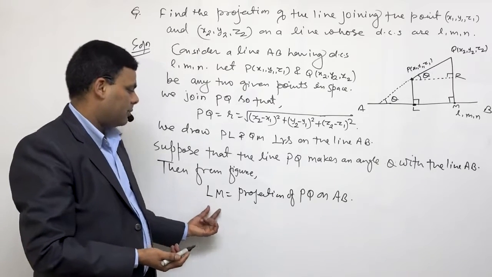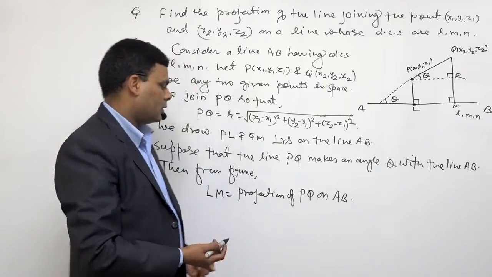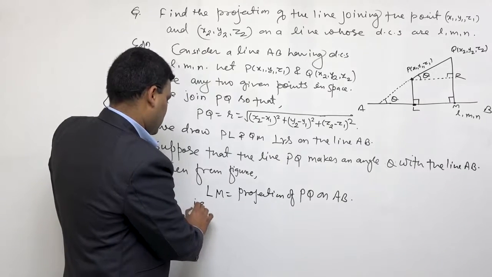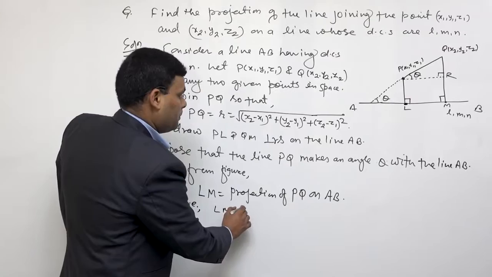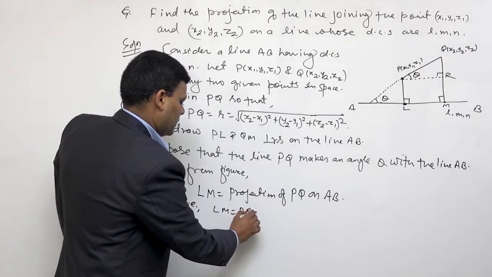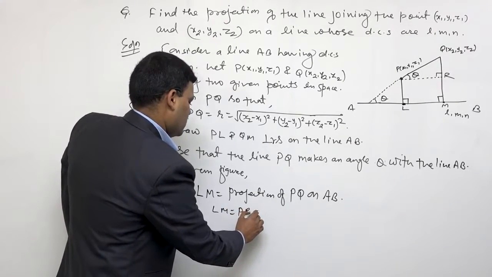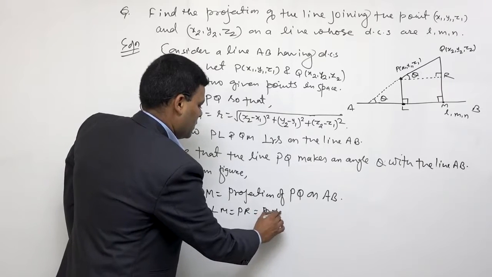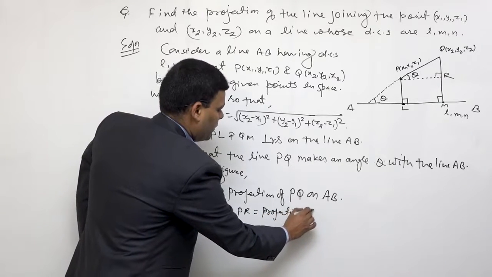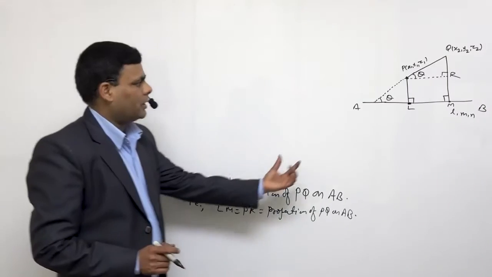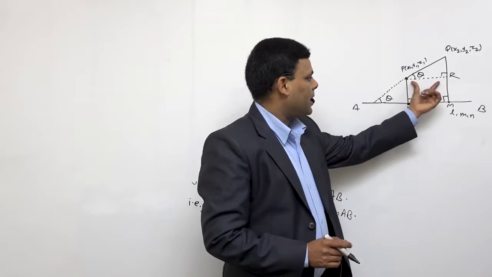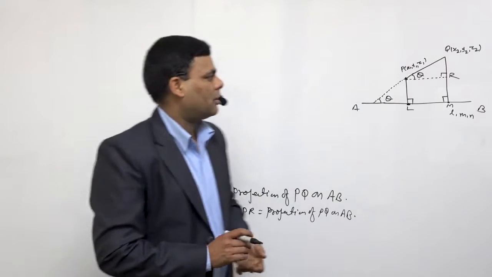In this way, LM equals the projection of PQ on AB. That is, in the figure LM equals PR, which equals the projection of PQ on AB.